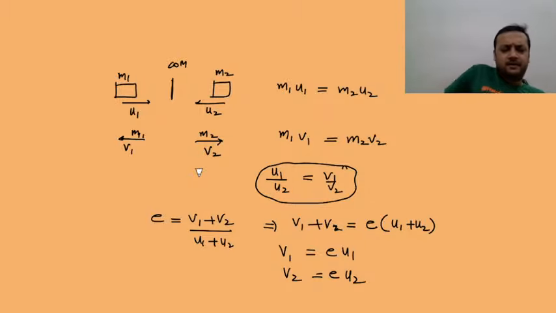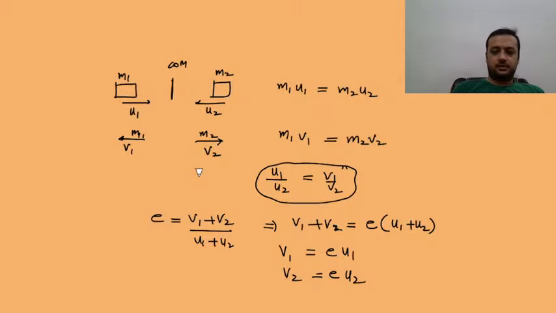I hope, guys, you would have understood and appreciated this amazing technique, because now you will not have to write the whole big equations of momentum conservation and coefficient of restitution. Rather, you can very simply use this COM frame to your benefit and you will be able to solve the question, right?